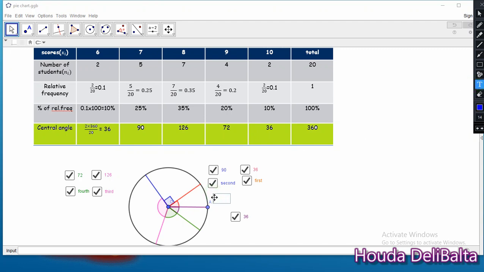For example, here is the value 6, whose percentage inside is 10%. Here is the value 7, whose percentage is 25%. So all I mean to tell you is that you have to fill inside according to what is required in the question.